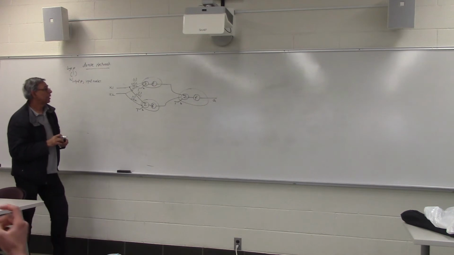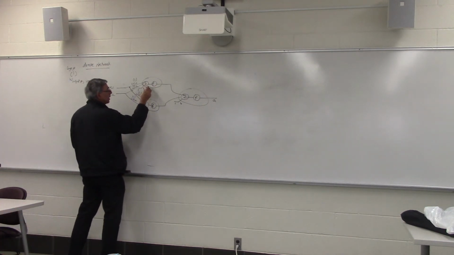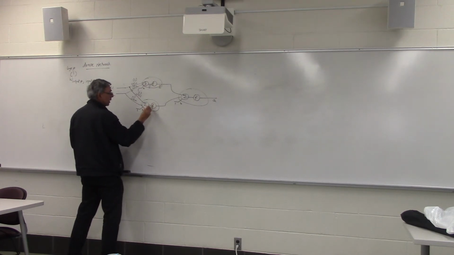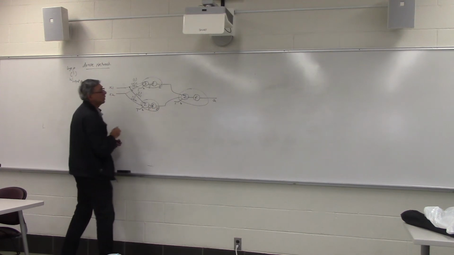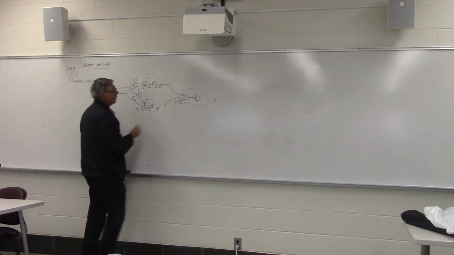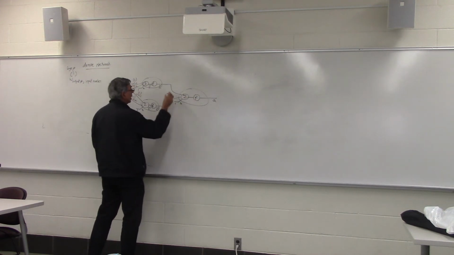Let me call this S1. Let me call it A1, because this is layer 1, S2, and A2. In the same way, there's only one output over here, so let me call it W11 of 2, and W12 of 2.